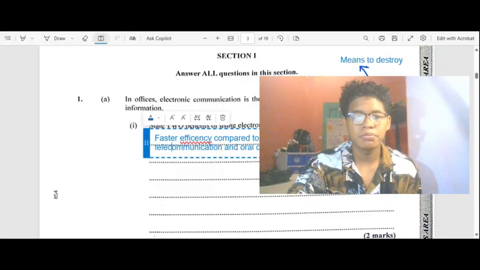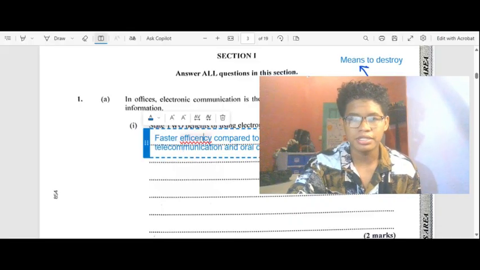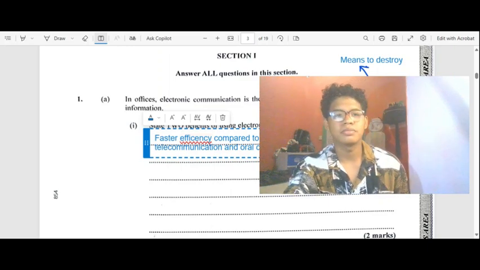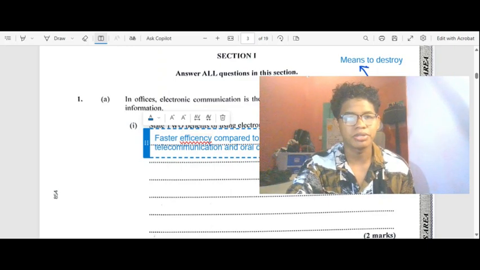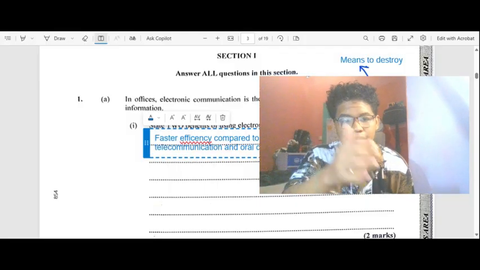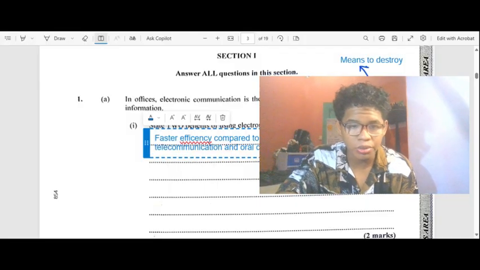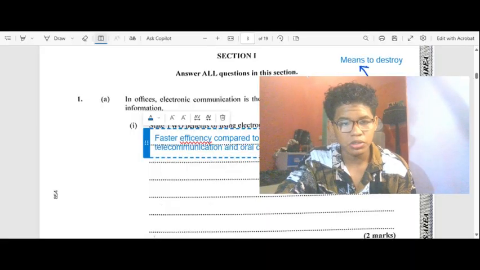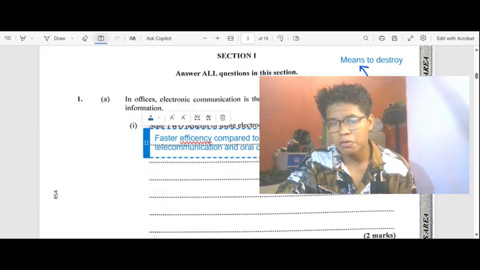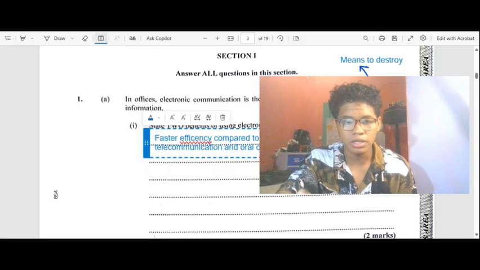One of the major advantages of utilizing electronic communication is that the efficiency is incomparable to other branches of communication. So that's one of the major advantages of using electronic communication.